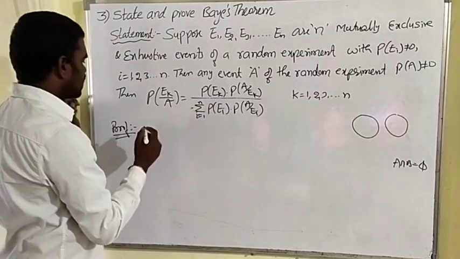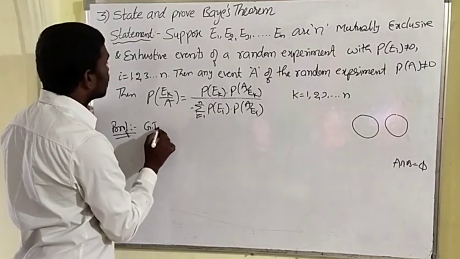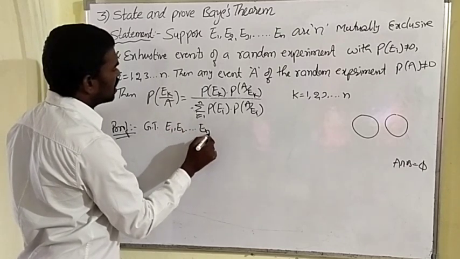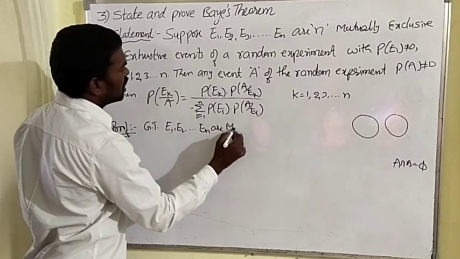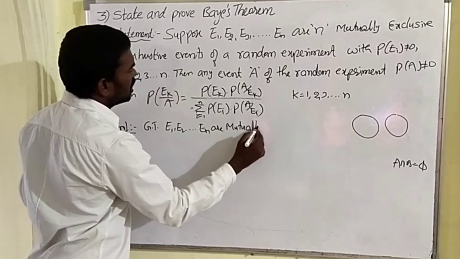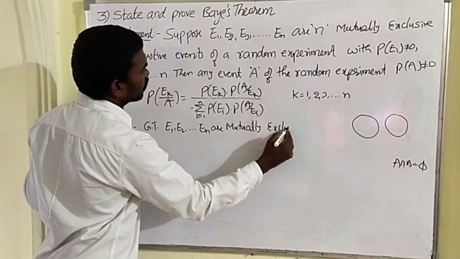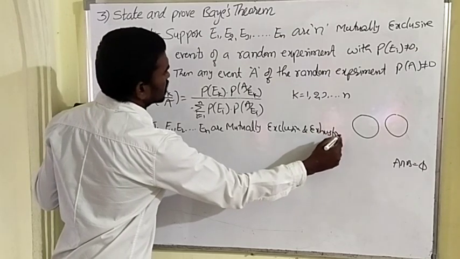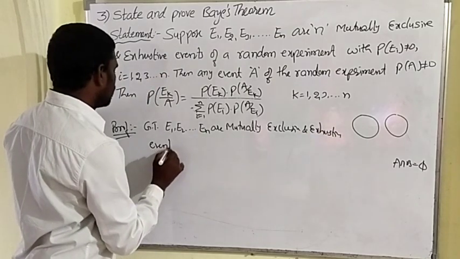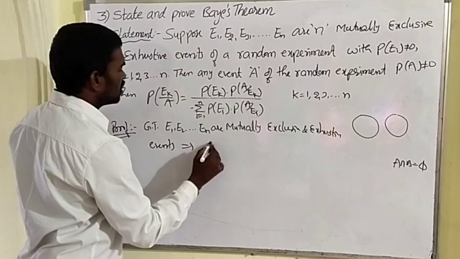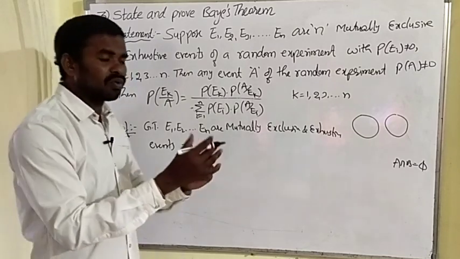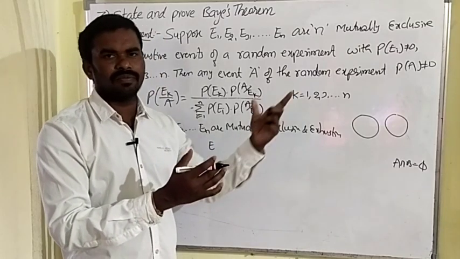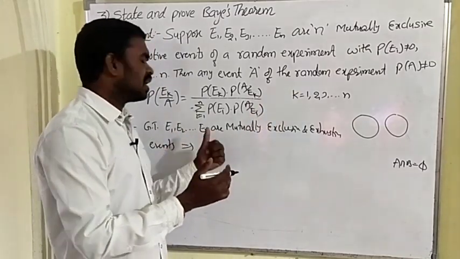Okay, so like that. First write down, given that E1, E2, up to En are mutually exclusive and exhaustive events. That means, suppose if you take only two events, you can write E1 intersection E2 is equal to empty. But here there are n events.